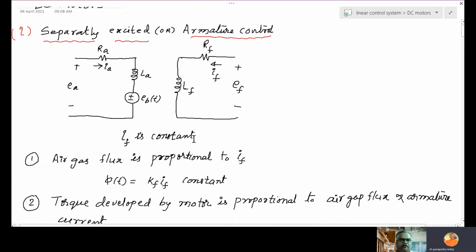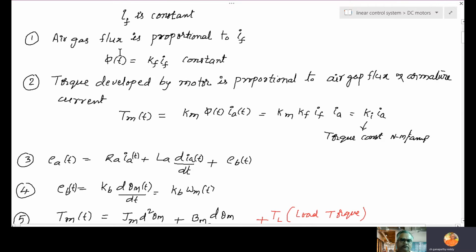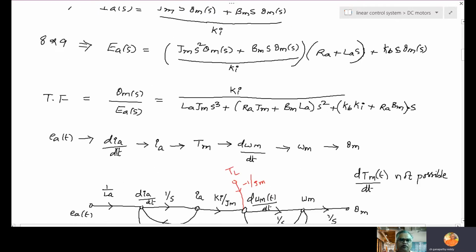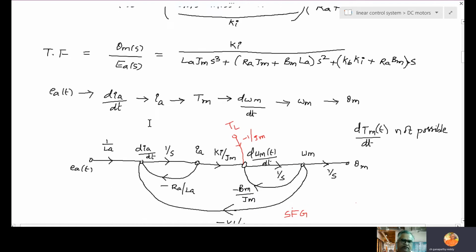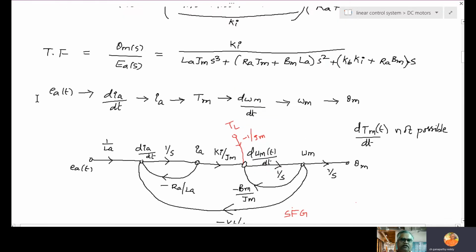So in this electrical motor, the separately excited motor equivalent circuit, write the time domain equations, apply the Laplace transform, and obtain the transfer function. Then from this we need to get the signal flow graph. How do you get the signal flow graph? Basically you look at this. The input is Ea of t. We start with input Ea of t.